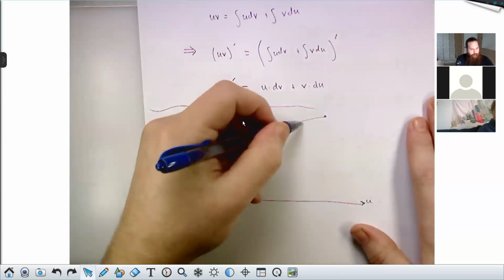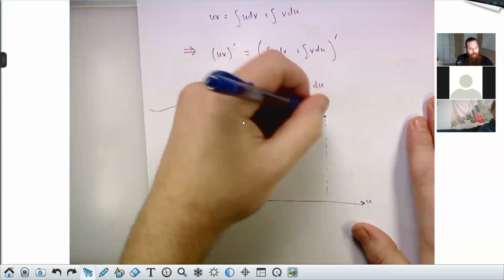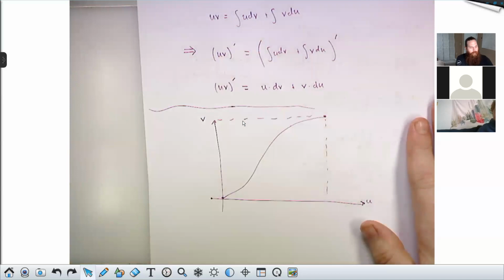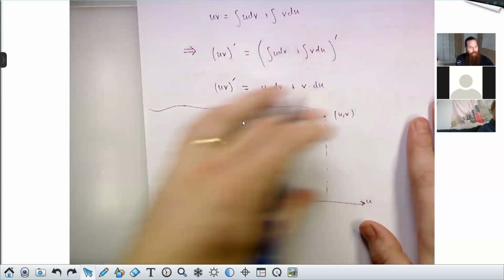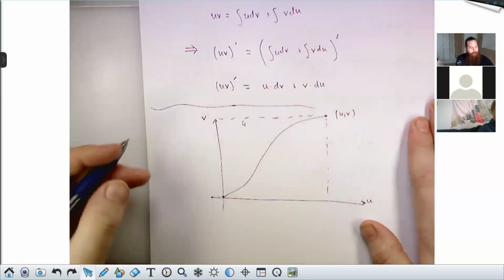I can ask myself, what's all the area encased in this box? On the one hand, if this point is (u, v), then all that area is the width times the height, which is u times v.